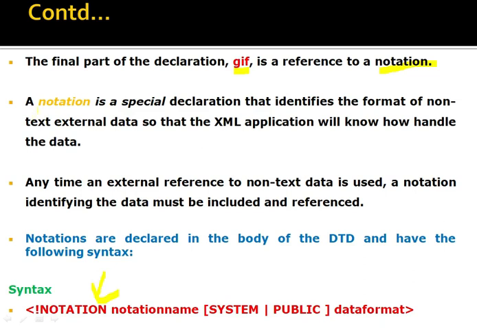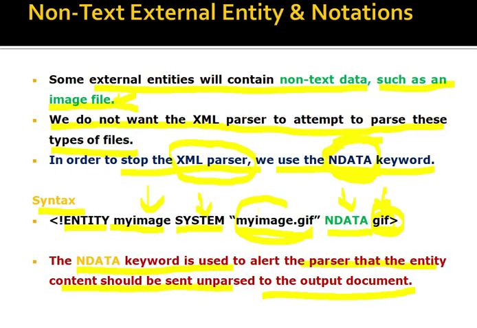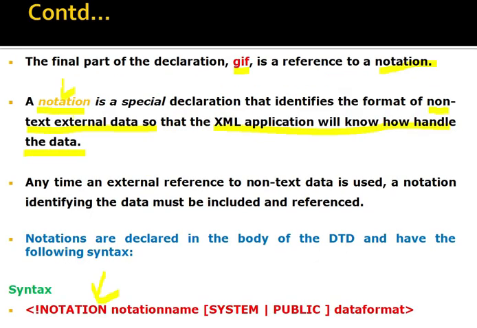So what is the notation? A notation is a special declaration that identifies the format of a non-text external data, so that the XML application will know how to handle the data. We need to say that this is a special file, so for that we need a notation.